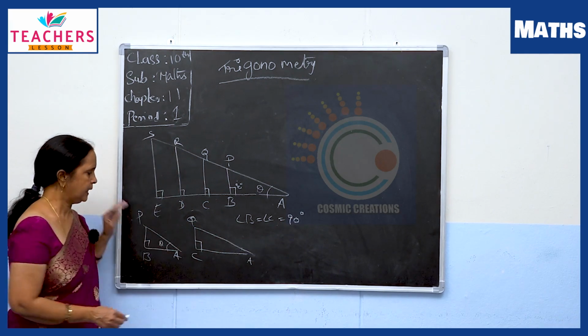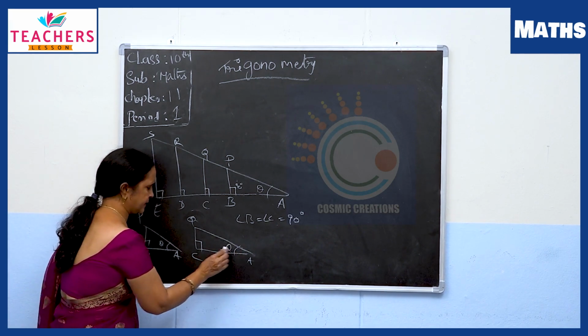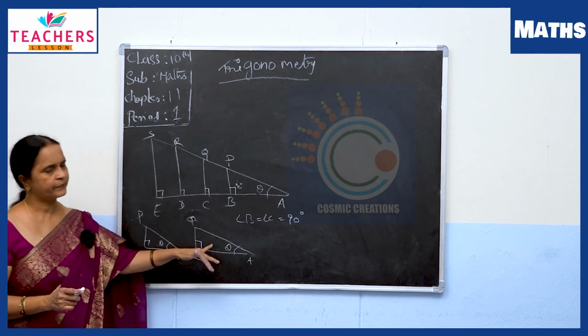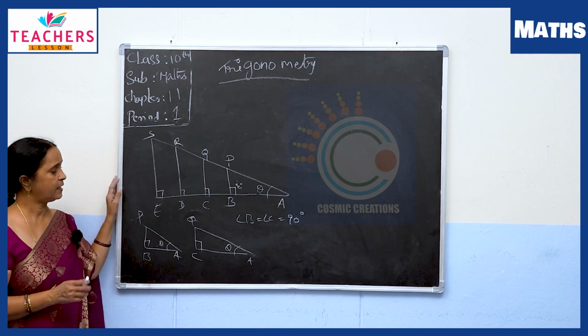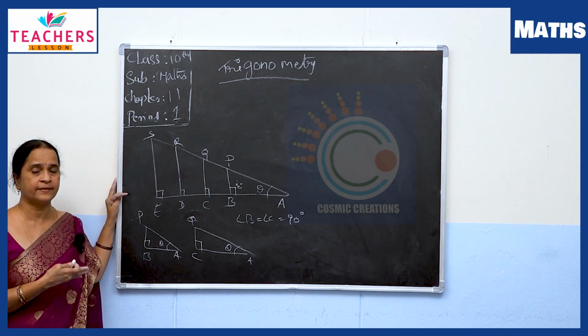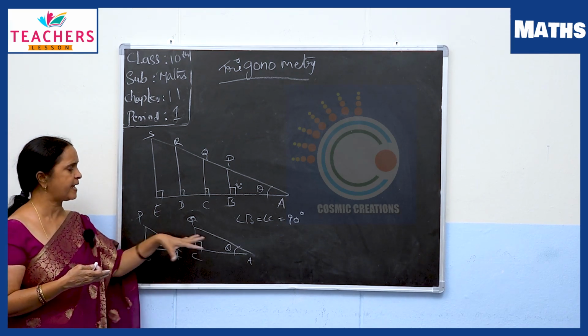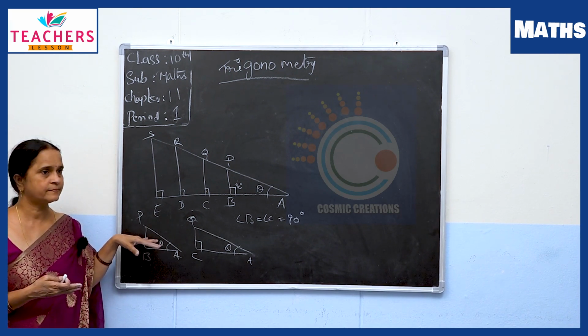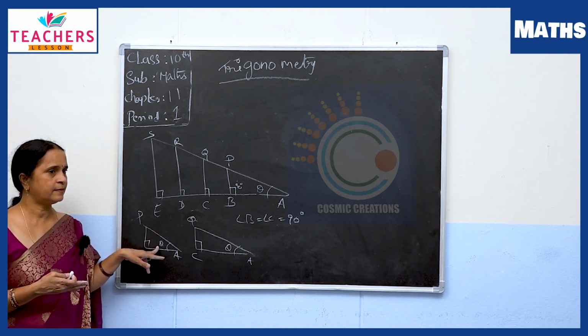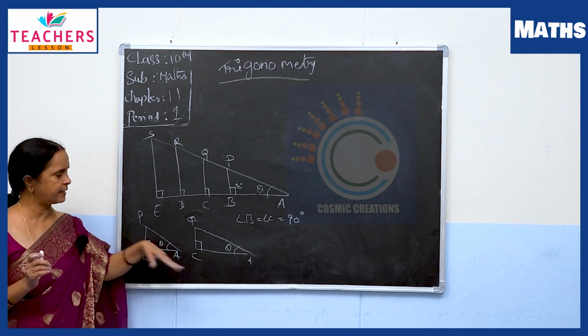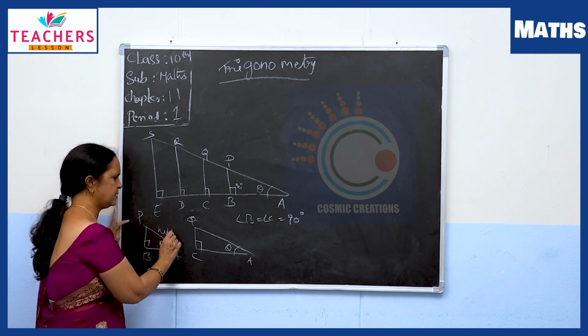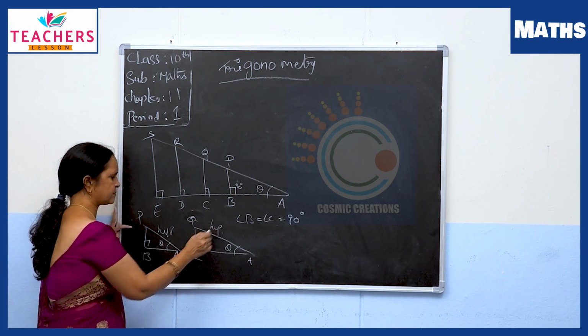Angle A theta, angle A theta, these both are equal. Which type of triangles are these? Right angle triangles. Both are right angle triangles. This is hypotenuse, this is also hypotenuse.